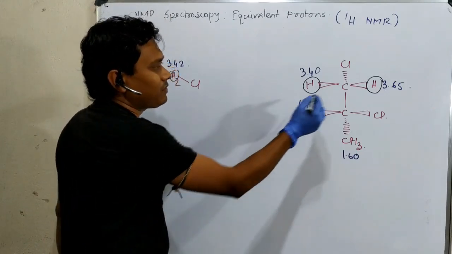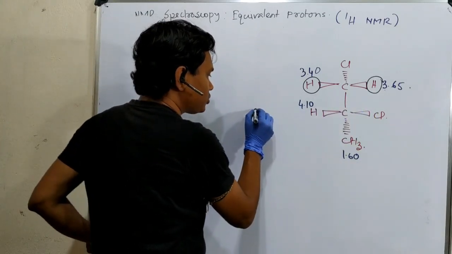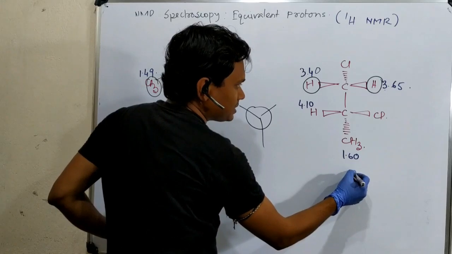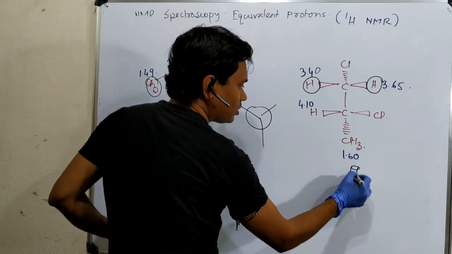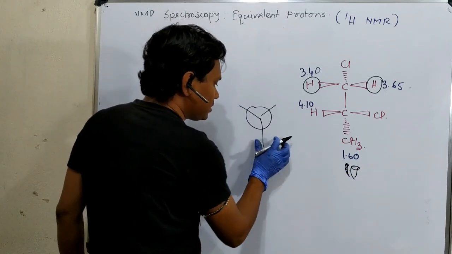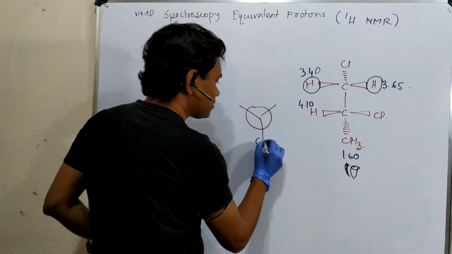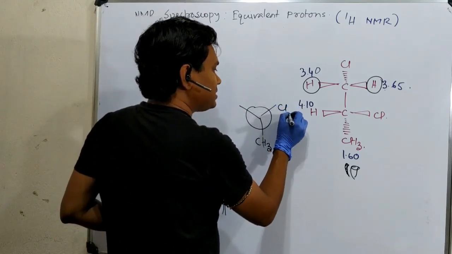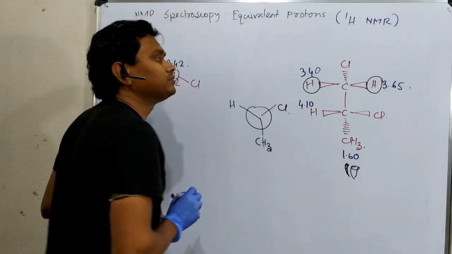Why? I have given this molecule in this way, so if I draw it this way, it looks like this from this side, meaning I am looking at this molecule from this side. So this is the CH3. Fine. One side this is Cl, this is hydrogen.